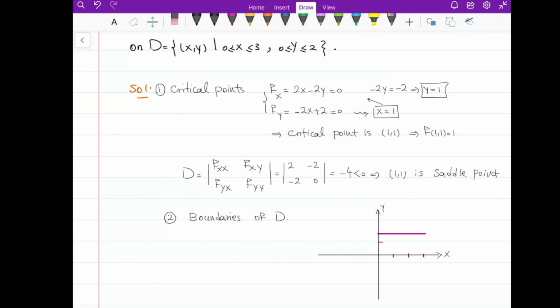For equation 3, I look at this part, where y is equal to 2, x between 0 and 3. Actually, let me make this 4, and make this one x equals 3, y between 0 and 2. This is equation 3.